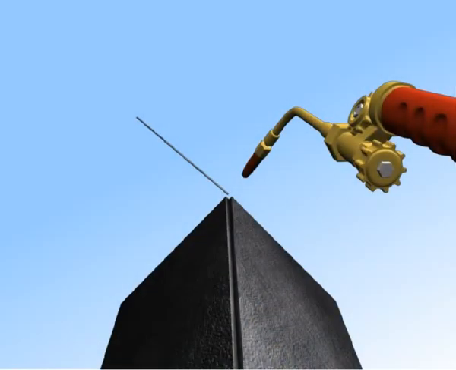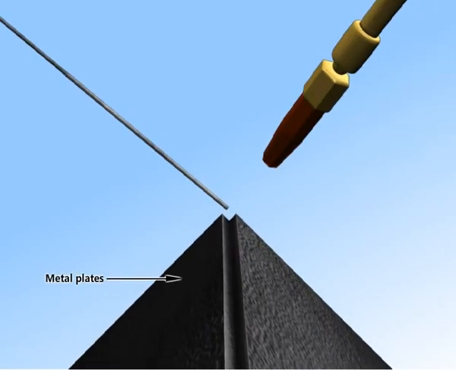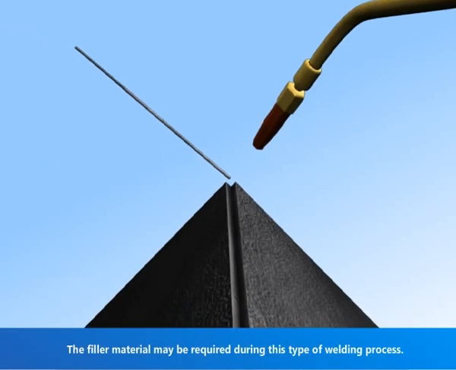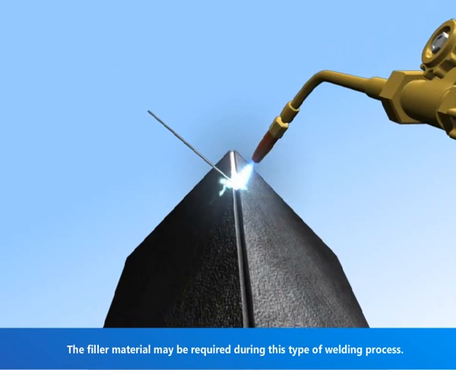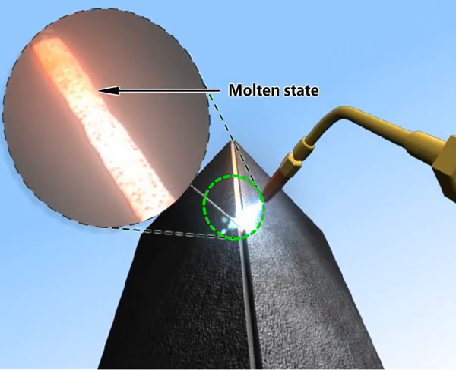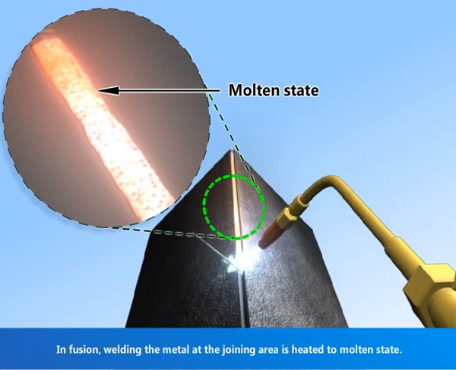The fusion welding consists of... In fusion welding, the metal at the joining area is heated to a molten state.